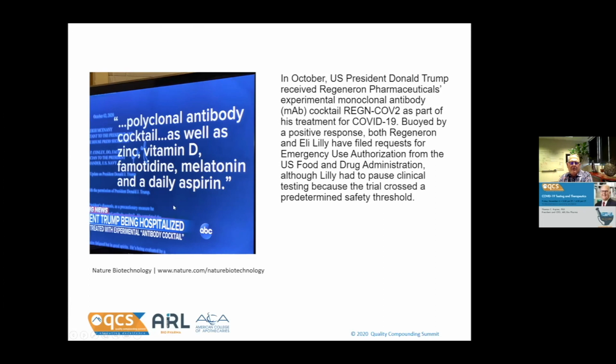I just took a picture of the TV, and then I thought it'd be nice for this presentation. But in October, of course, we know he received this Regeneron Pharmaceuticals experimental monoclonal antibody, Regen-CoV-2, as part of his treatment for COVID. That's stating just what I just read from the information that came out from Fierce Pharma today.